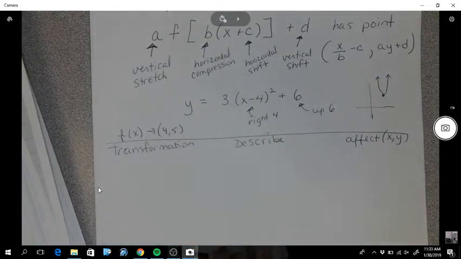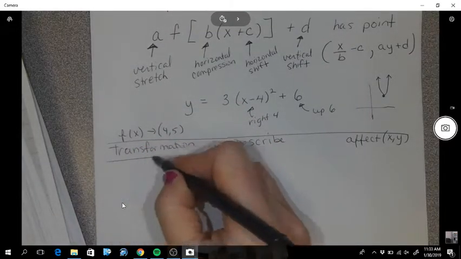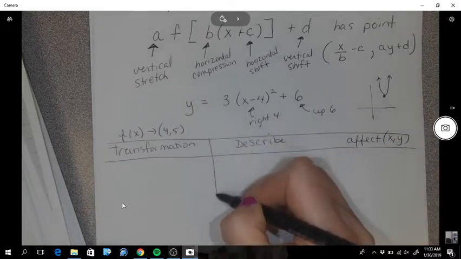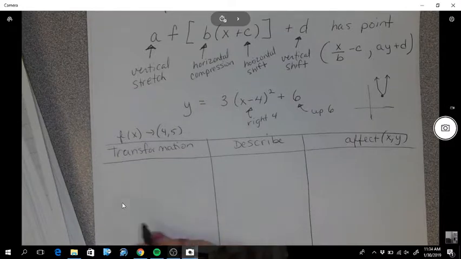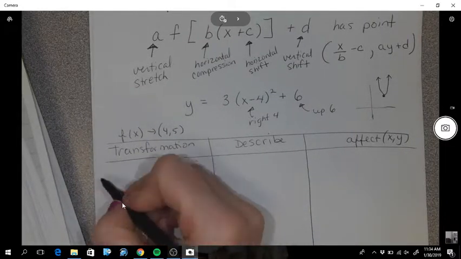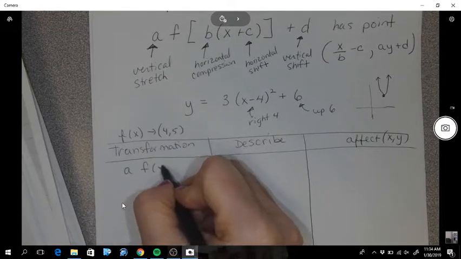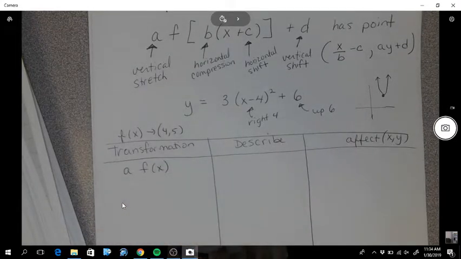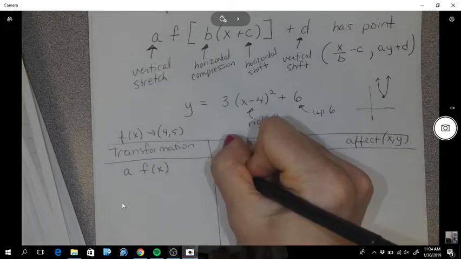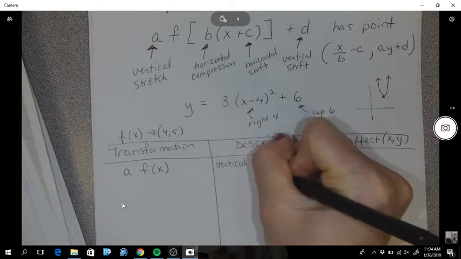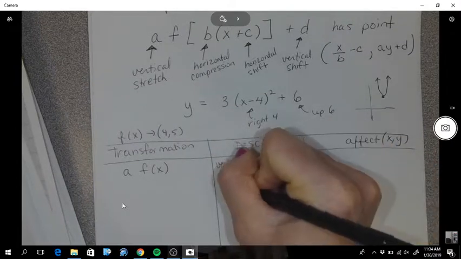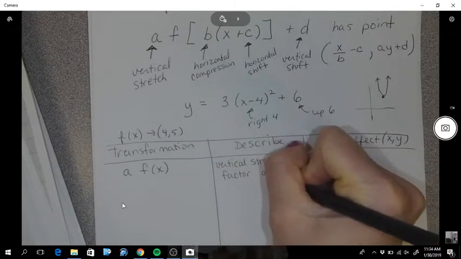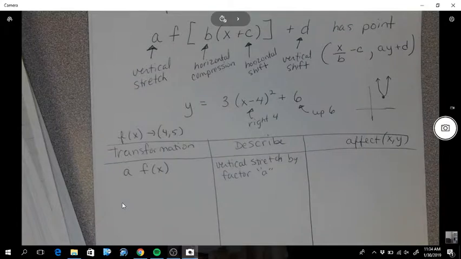We'll just say that for all this. So when you have a f of x, it's a vertical stretch by factor of whatever a is.